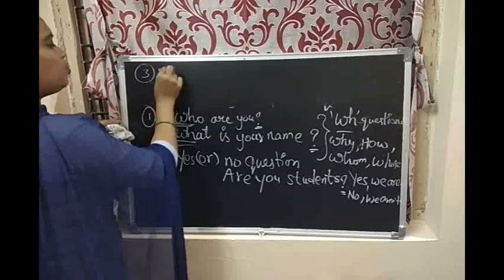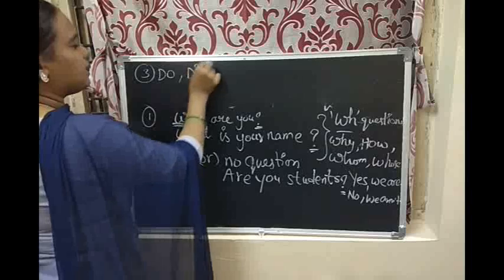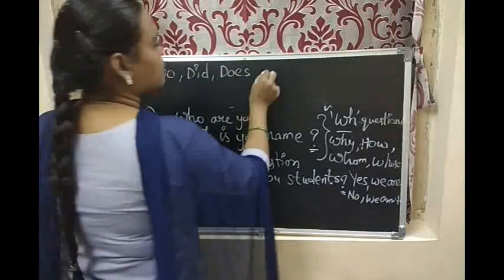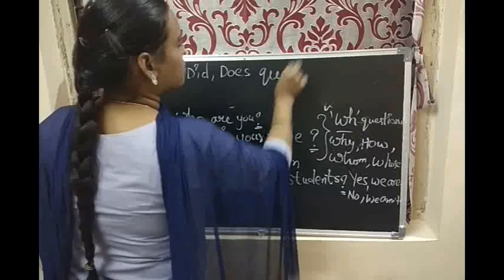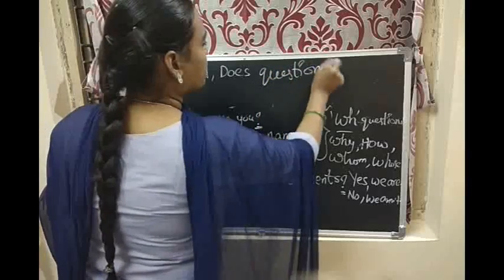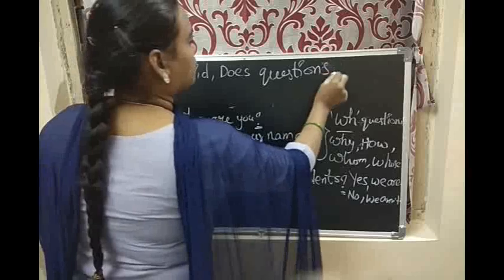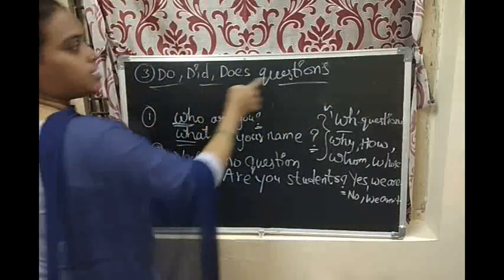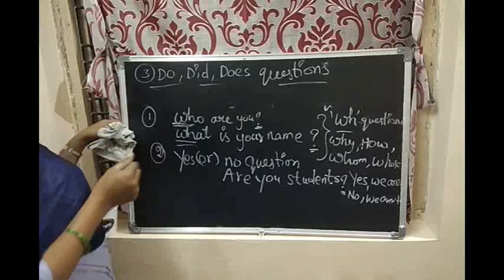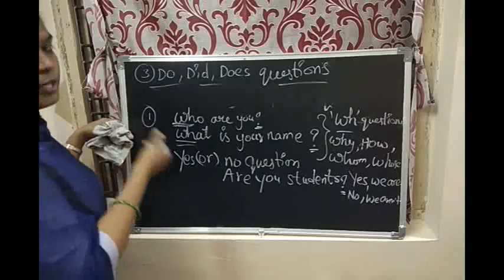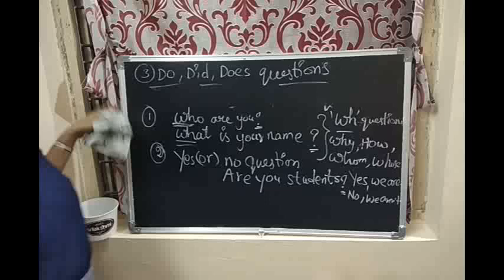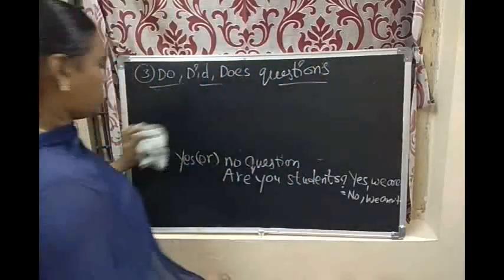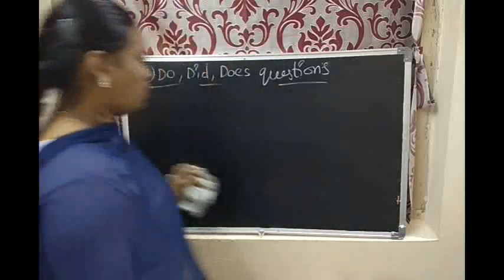With do, did and does we are asking questions. How do we frame those questions? With do, did, does, where do we have to use them?